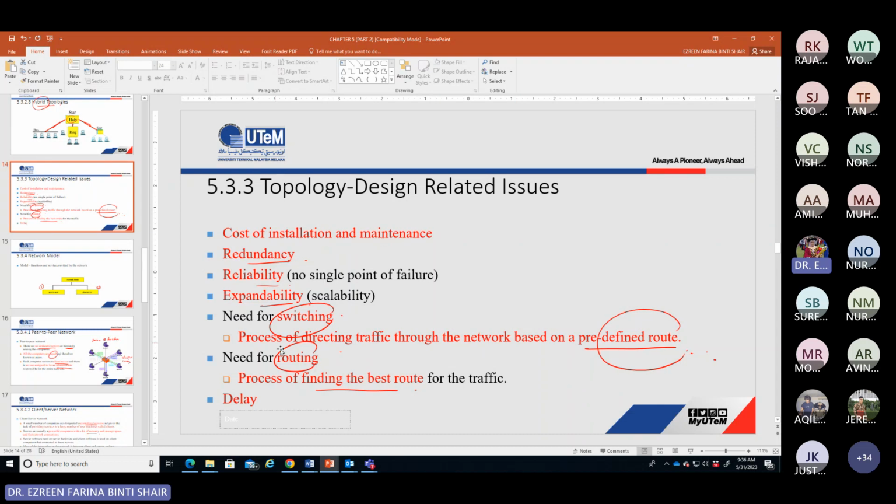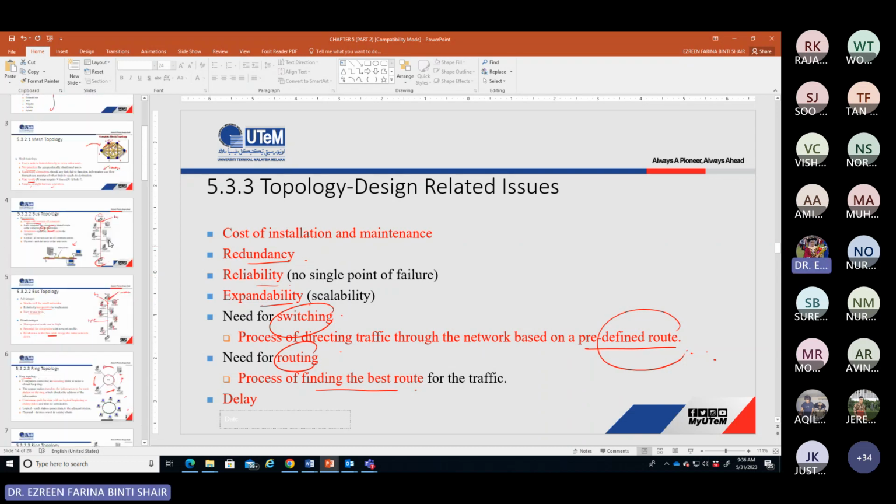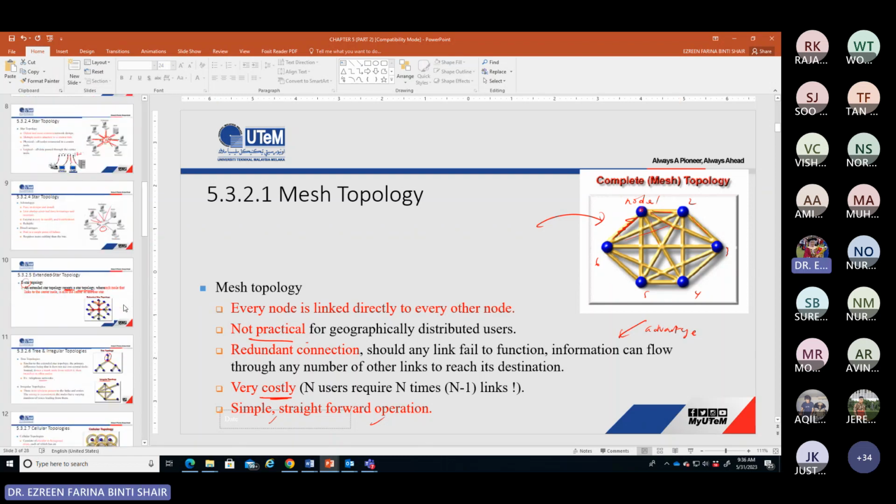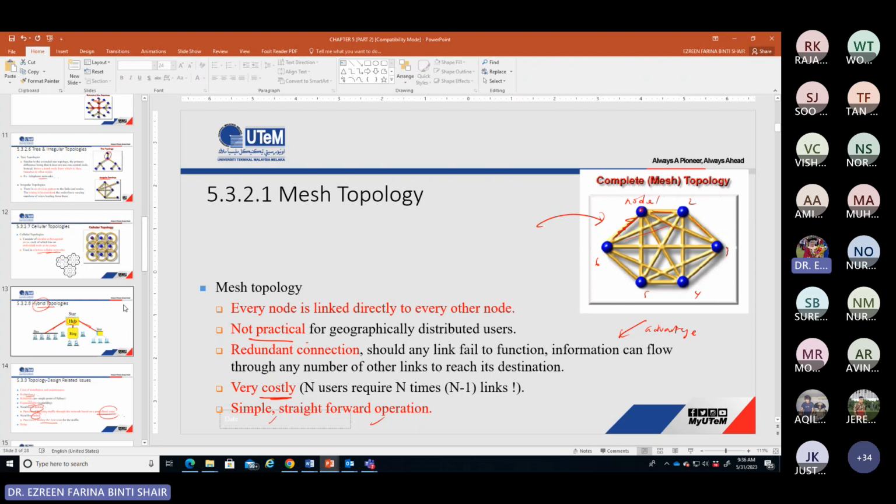Even though, if the application, for example, you want a very cheap network, you cannot use the mesh topology, because the mesh topology is very costly, but the good thing is that it has no single point of failure lah.